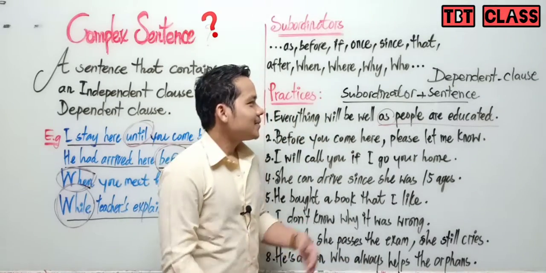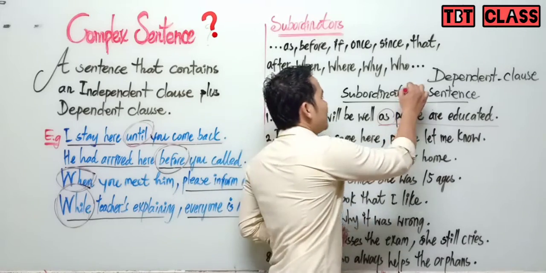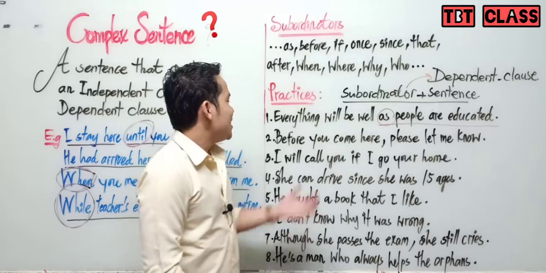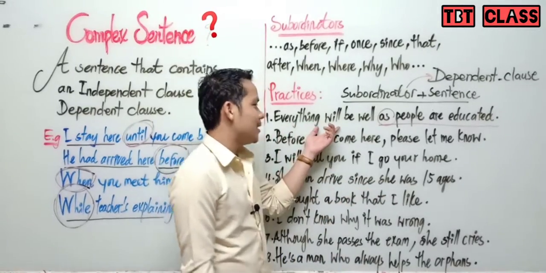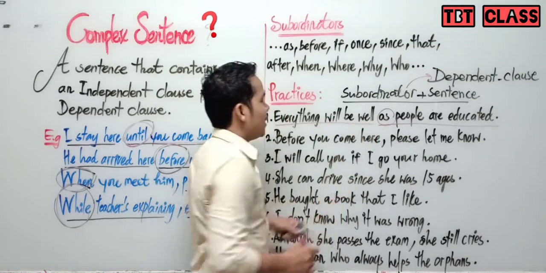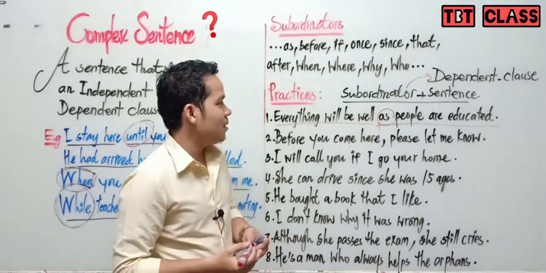So subordinator plus sentence becomes dependent clause. You got it? So this one, everything will be well as people are educated, we call a complex sentence, because it is independent clause plus dependent clause.